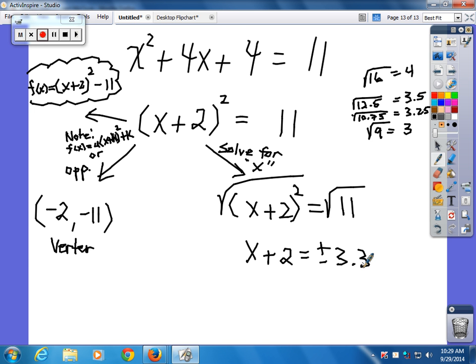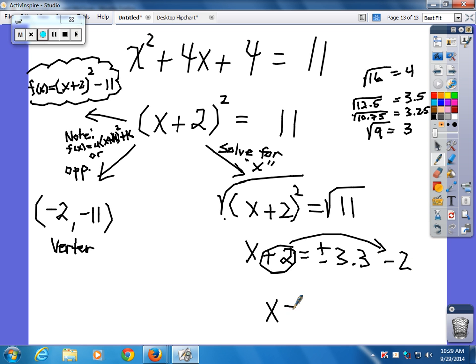Why wouldn't you move the 2 over? Well, you wouldn't move the 2 over because it's in the block of ice right here. You've got to get rid of this square, which gets rid of the parentheses. Okay, now you move the 2 over, and that'd be a minus 2.